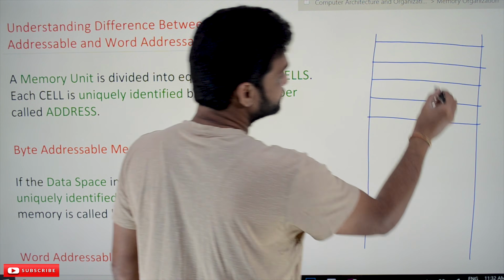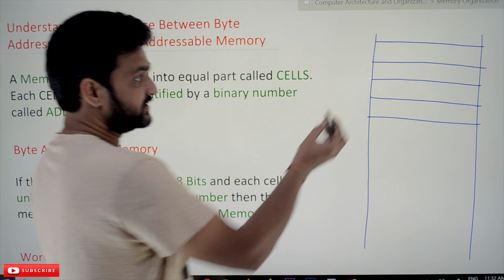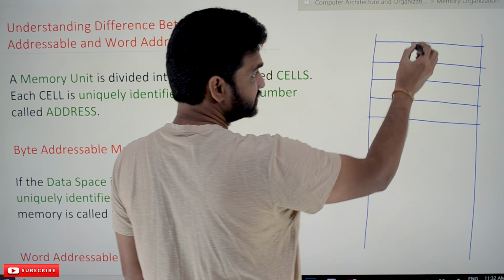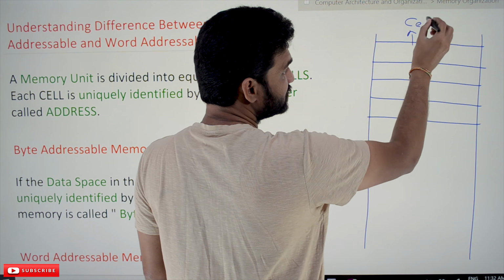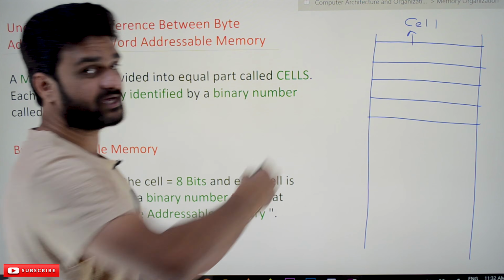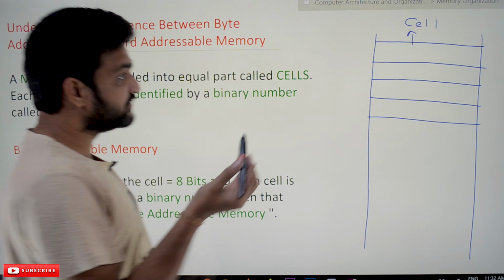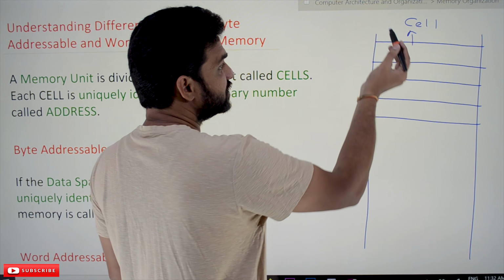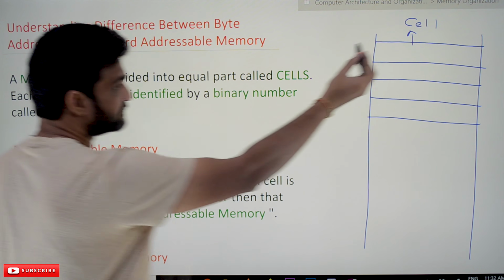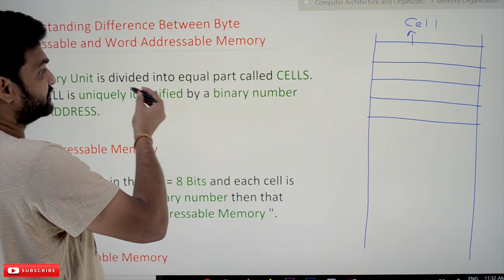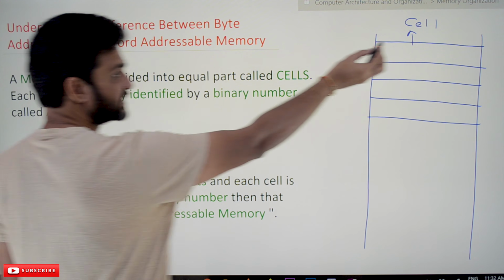So each cell is divided equally, and this is what we call a cell. It may be a main memory, it may be hard disk, it may be cache memory, whatever the memory, every memory is equally divided into equal parts called cells.